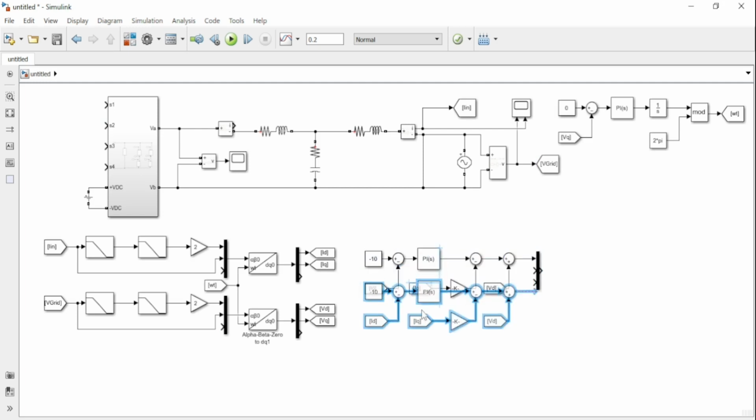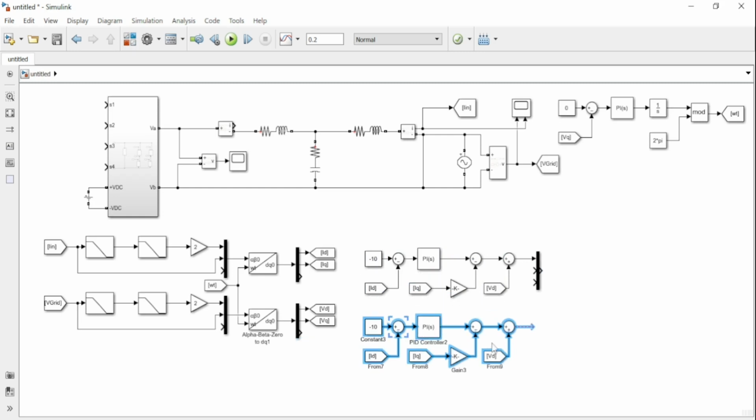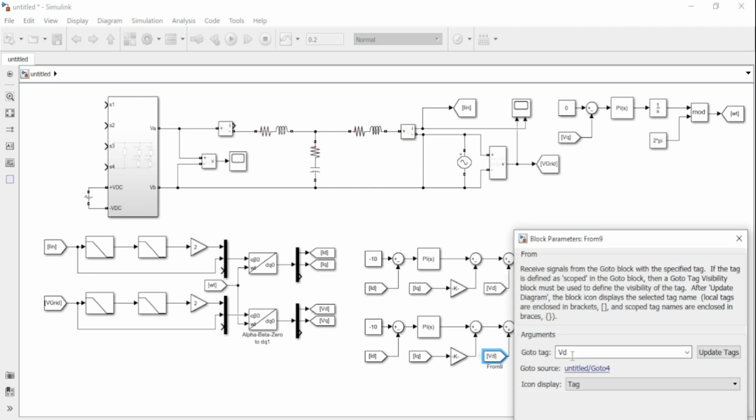So we copy this D-axis design and we make a design for the Q-axis. And we just change the necessary parameters.